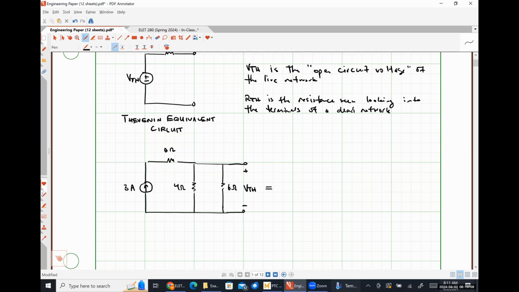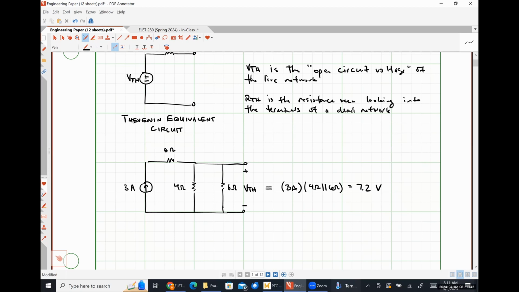So I would argue that for this particular circuit, we could just simply use Ohm's law, because we know a total of 3 amps is going to flow through that parallel resistance. So this would simply be 3 amps times 4 ohms in parallel with 6 ohms. So 24 over 10, 2.4 times 3. If I did my mental math correctly, this would be 7.2 volts.